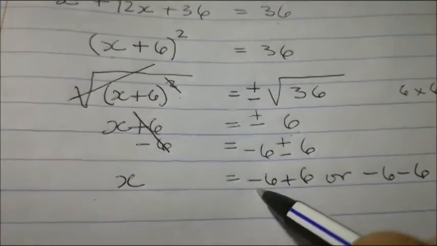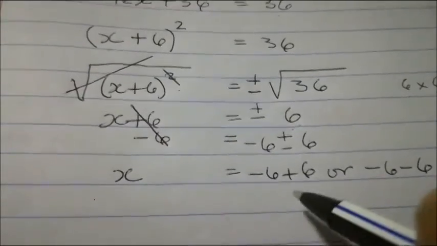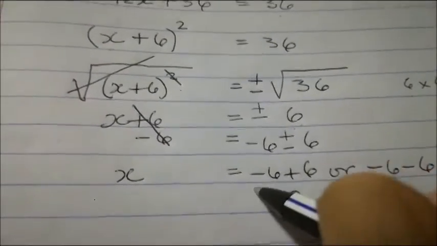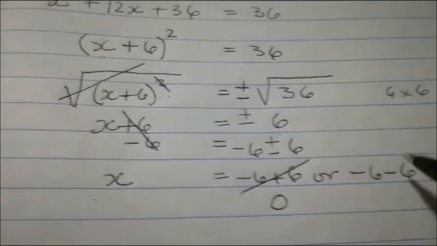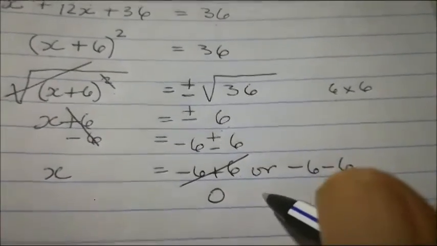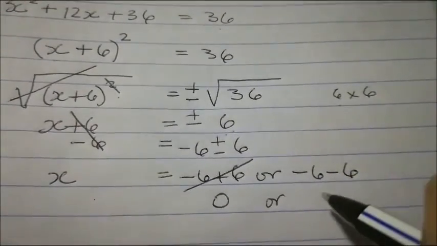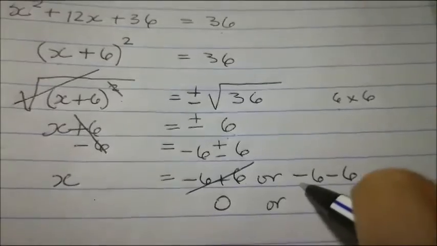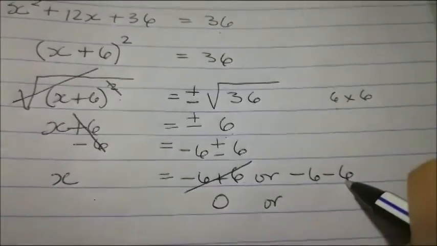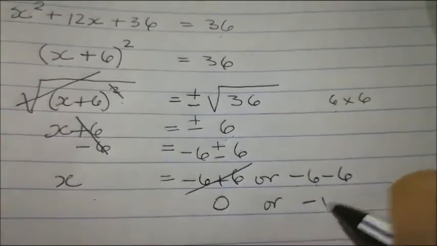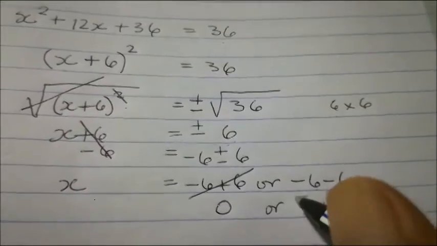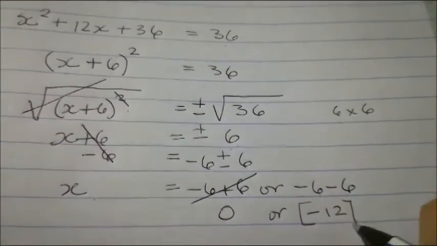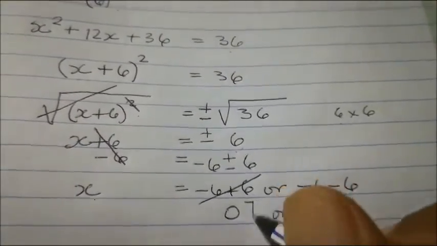So negative 6 plus 6 is going to equal 0, because these two cancel out. And now we're left with a minus 6 minus 6. When we group together a minus 6 and another minus 6, we get a minus 12. So these become the two solutions for x.